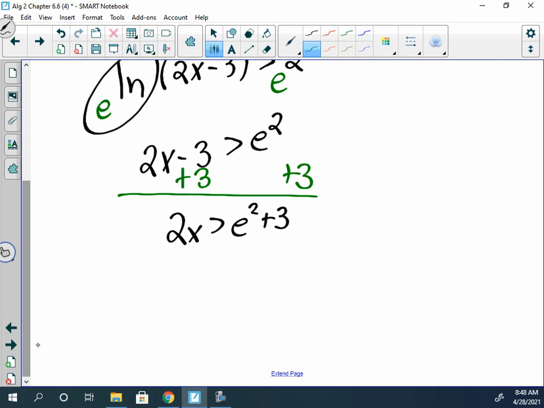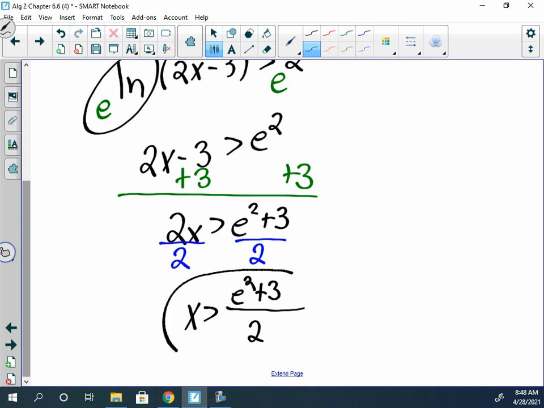And lastly, divide by 2. And this is it. Now, since we are talking about logarithms and natural logarithms, we do have those restrictions, because what's inside the logarithm cannot be 0 or negative, actually.